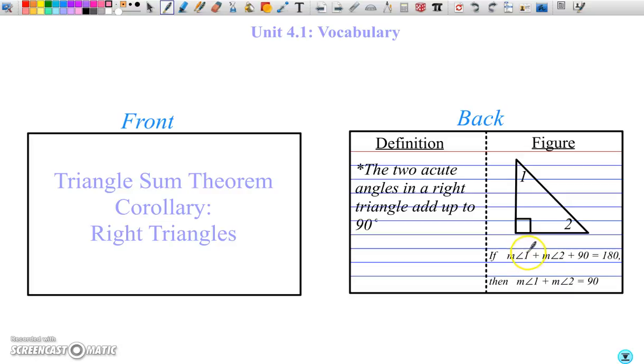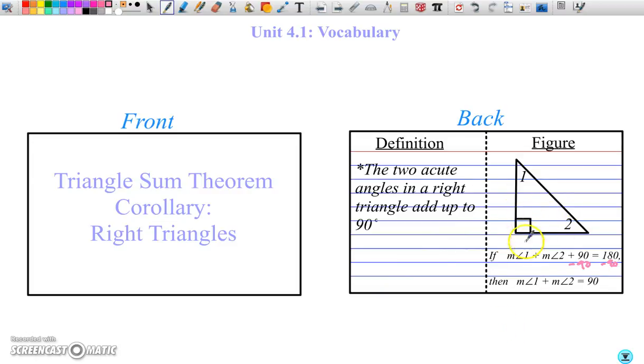If you have the measure of angle 1 plus the measure of angle 2 plus this 90-degree angle equal to 180, what happens when you subtract the 90 from both sides? You end up getting that angles 1 and 2 together are 90. It saves you a lot of time in finding missing angles because you don't have to do 180 minus 90 minus one of the angles. You can just look at the two acute angles.